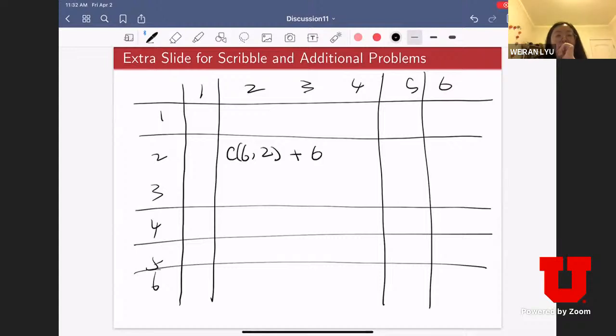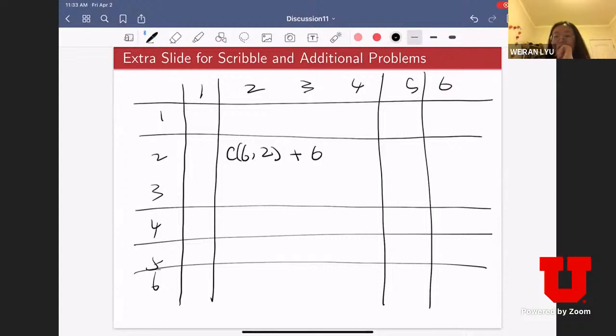I think that should be the total number of outcomes. So C(6+2-1, 2), that's the formula for the unordered list with repetition.